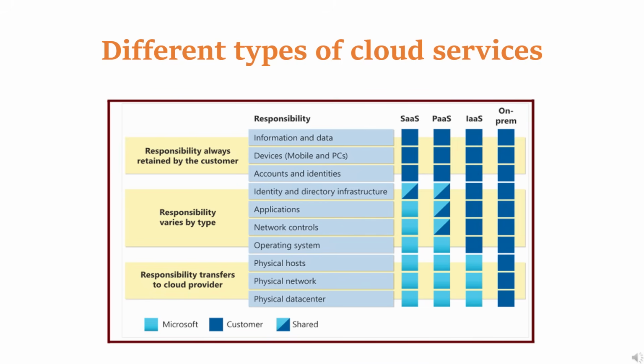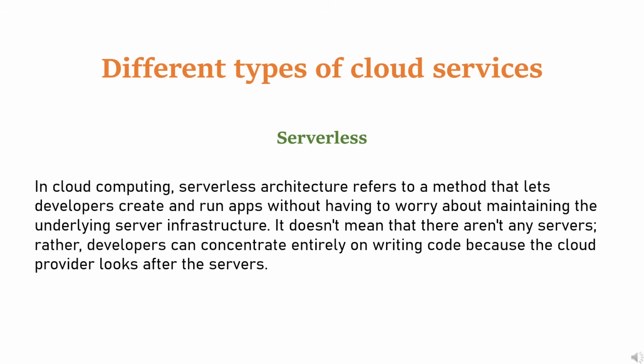Different types of cloud services. Serverless. In cloud computing, serverless architecture refers to a method that lets developers create and run apps without having to worry about maintaining the underlying server infrastructure. It doesn't mean that there aren't any servers. Rather, developers can concentrate entirely on writing code because the cloud provider looks after the servers.